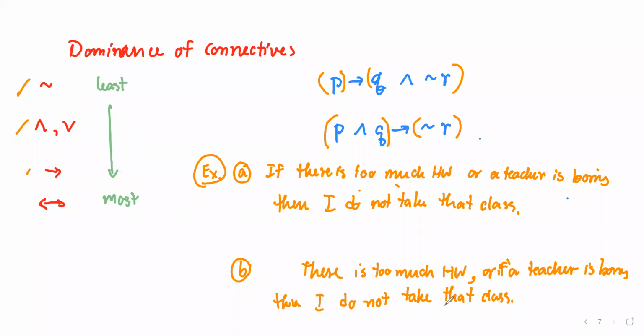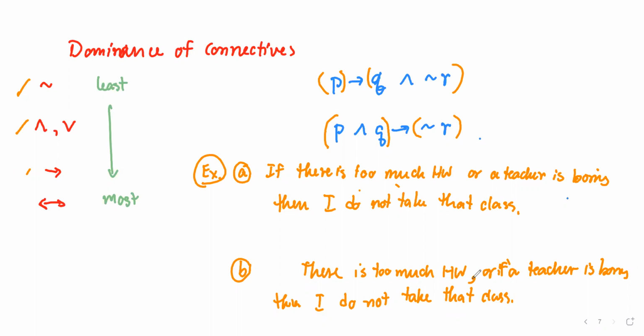We use the same simple statements, but the if then is not in the same position in the words, while the or is still there. And we also have the comma as part of the sentence in part B.